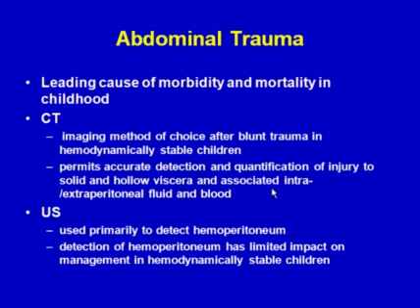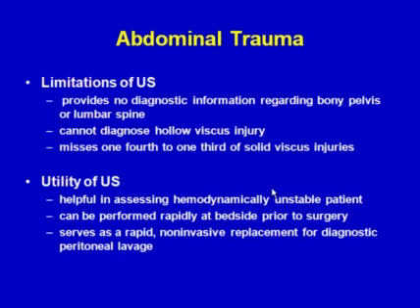However, the detection of hemoperitoneum has been shown to have a limited impact on management in children who are hemodynamically stable. The limitations of ultrasound in the assessment of abdominal trauma include, one, it provides no diagnostic information regarding the bony pelvis or the lumbar spine. It certainly cannot diagnose hollow viscus injury with any great accuracy, and it misses a significant proportion of solid viscus injuries as well.